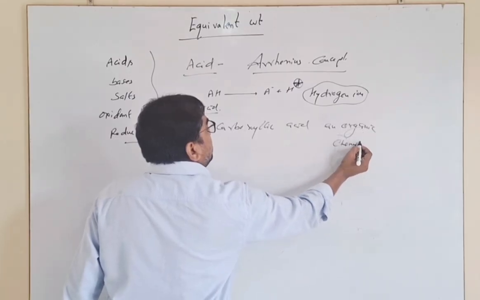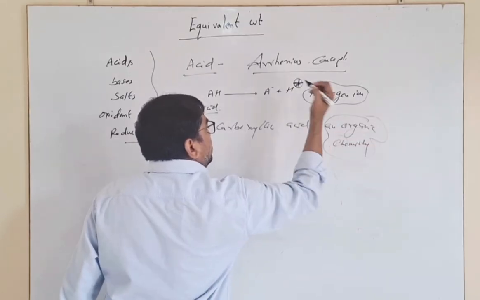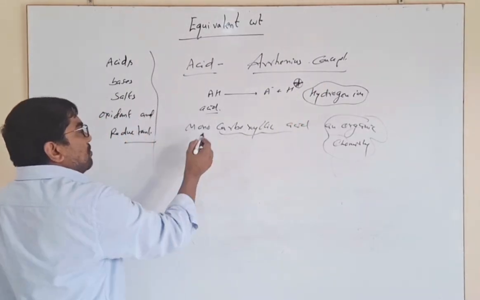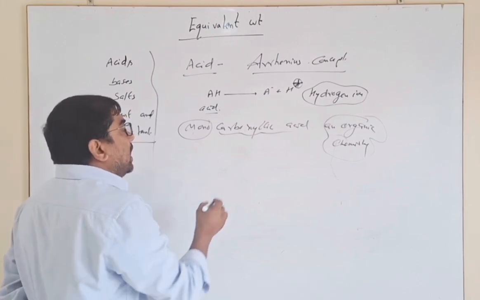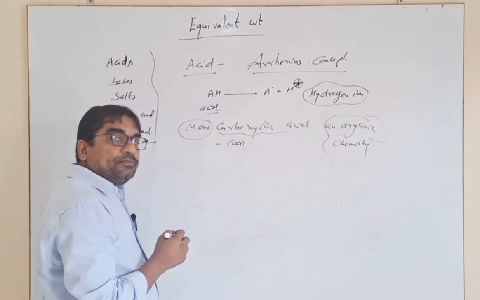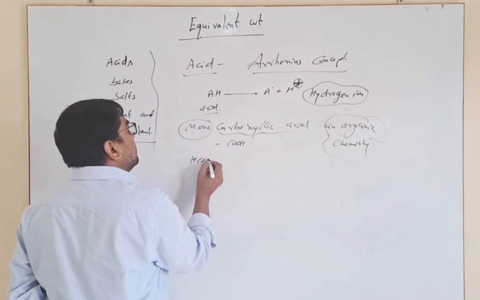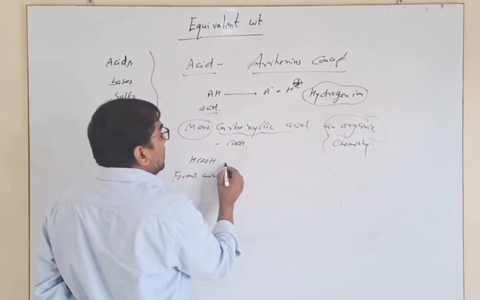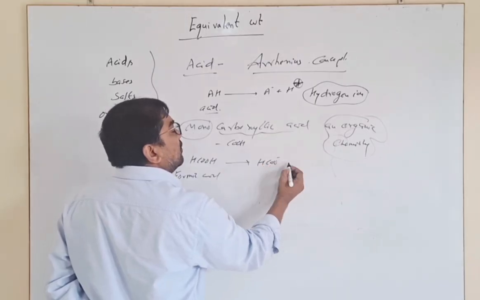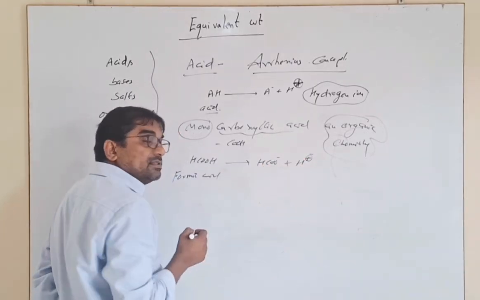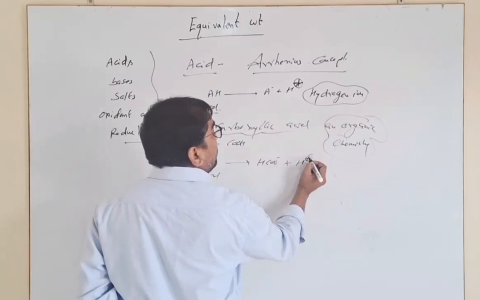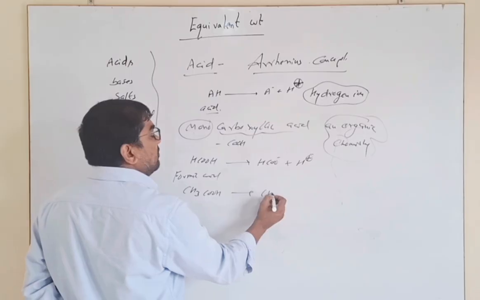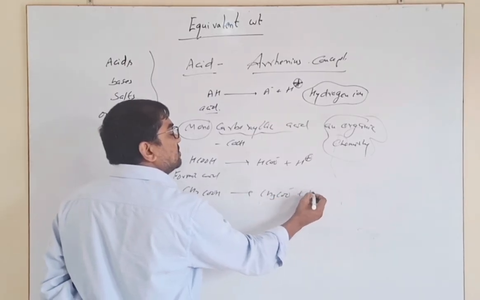In organic chemistry, the physical and chemical properties related to carboxylic acids will be discussed in detail. Mono means again one, and carboxylic means the COOH group, like HCOOH, commonly called formic acid. When dissociated, it gives formate ion plus H plus, release of one H plus in its solution, monoprotic, like acetic acid, CH3COOH, which when dissociated gives CH3COO minus plus H plus.